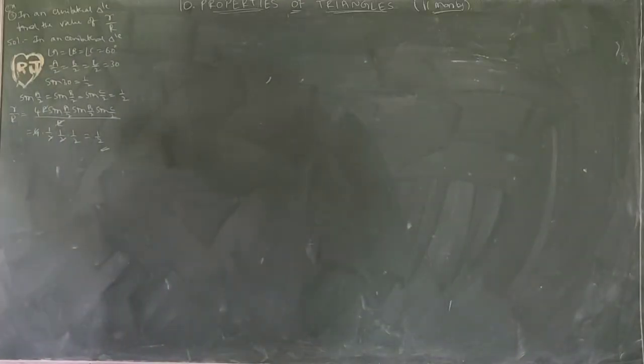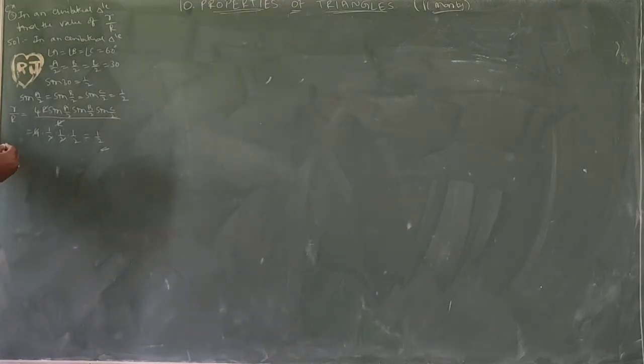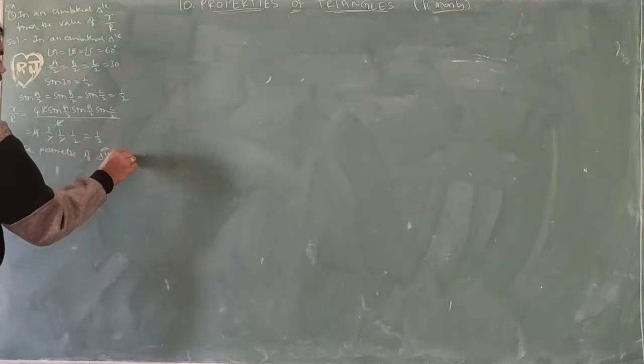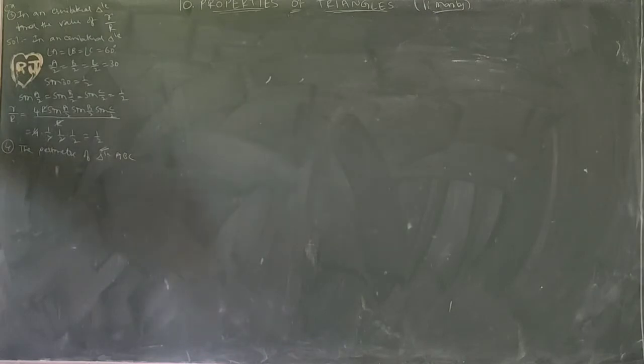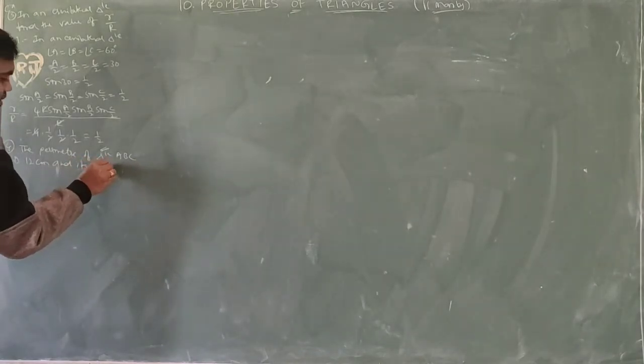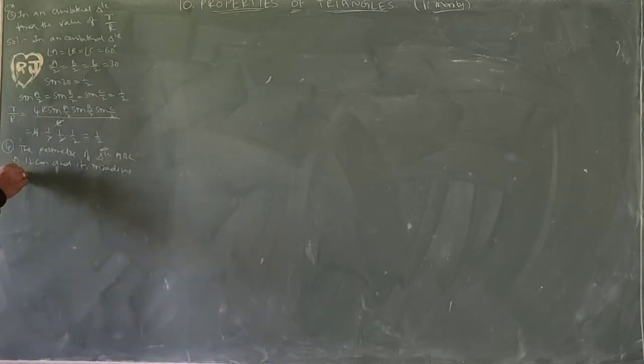Okay, next, fourth question. The perimeter of triangle ABC is 12 centimeters, and its inradius is 1 centimeter.